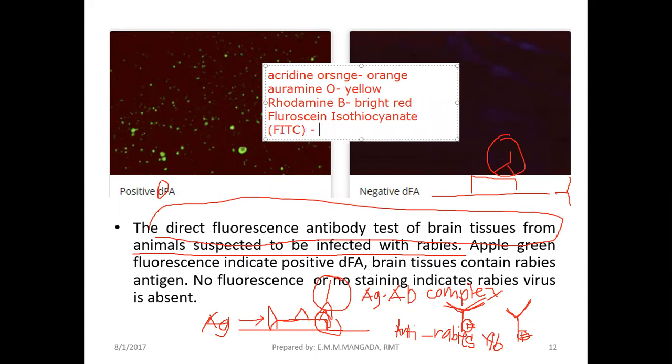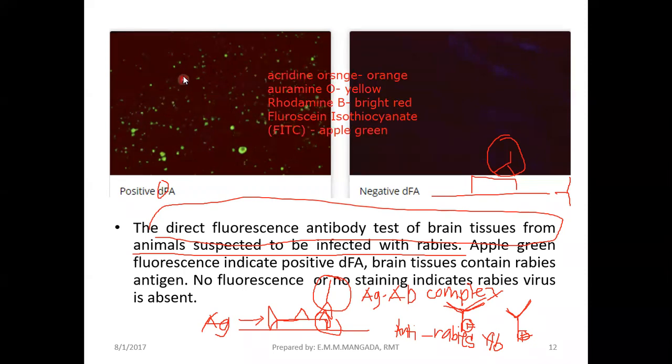Isa to sa pinaka-common na ginagamit natin and it gives a color of apple green fluorescence. So, dito sa example natin, makikita nyo, it's actually apple green, right? So, ang ginamit dito na label is actually your fluorescein isothiocyanate.